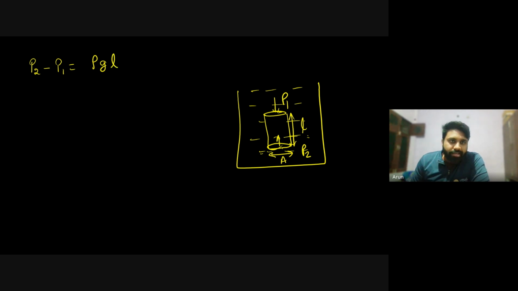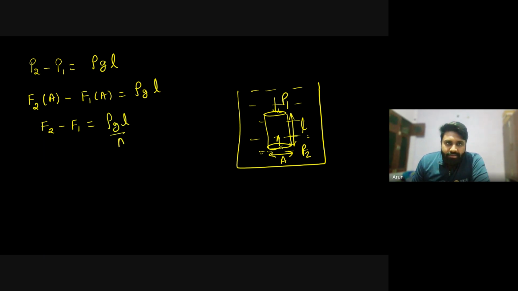Now if you talk about the force, it is F2 into area minus F1 into area, so F2 minus F1 is nothing but rho g L times A. Now you will see that there is a weight of the liquid acting downward, which is exactly equal to mg, mass of the liquid, that is rho into volume into g.